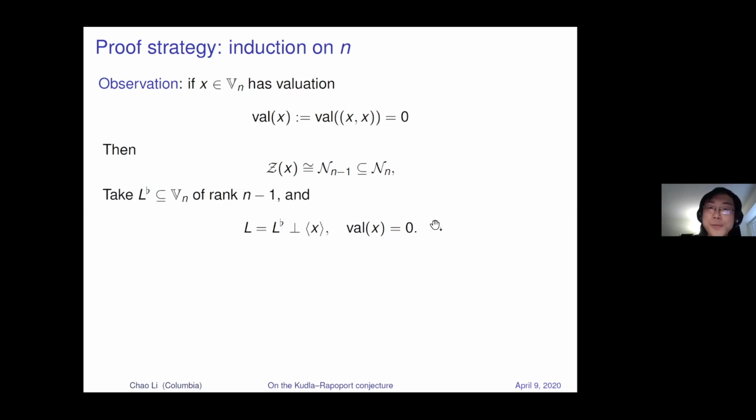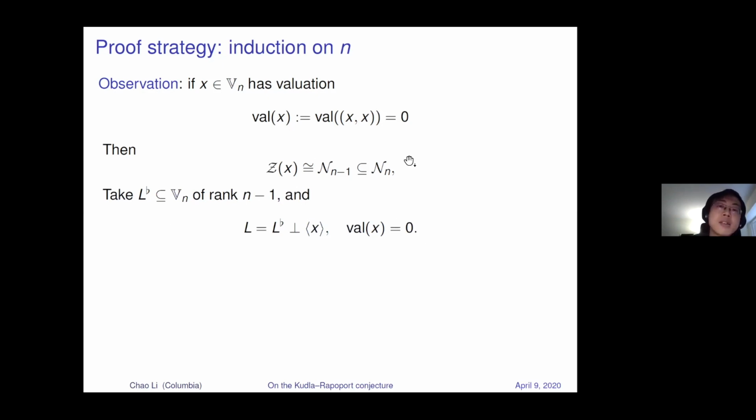So I'm going to do the following construction. I'm going to fix the first n-1 vectors. So take a lattice denoted by L flat of dimension n-1. I'm going to consider a lattice that is given by an orthogonal direct sum of L flat and a unit norm, valuation 0 vector x.